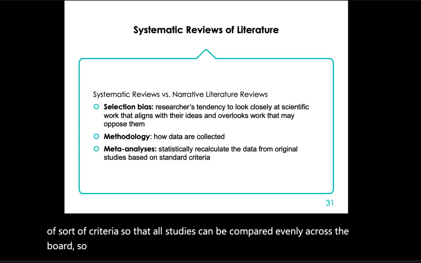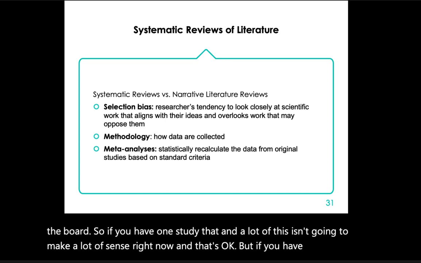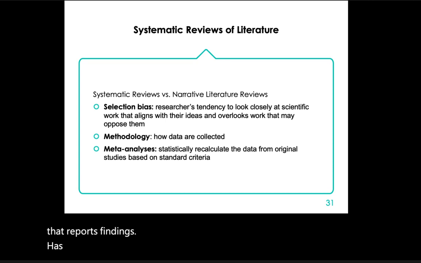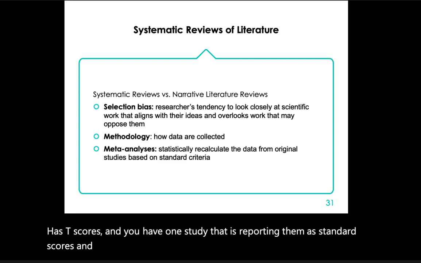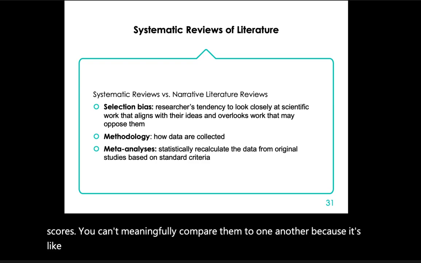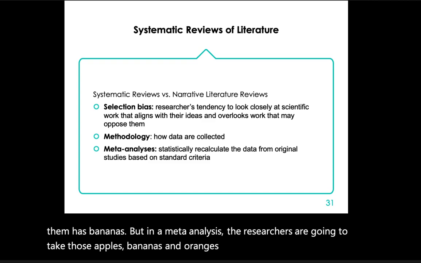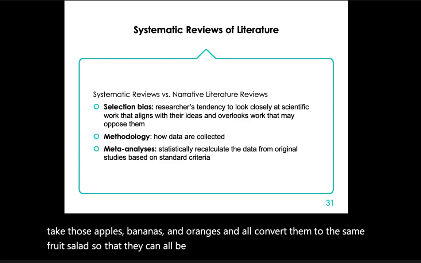A lot of this isn't going to make a lot of sense right now, and that's okay, but if you have one study that reports findings as T-scores, and one study that is reporting them as standard scores, and another study that is saying that these are ANOVA scores, you can't meaningfully compare them to one another because it's like saying one of them has apples, one of them has oranges, and one of them has bananas. But in a meta-analysis, the researchers are going to take those apples, bananas, and oranges and all convert them to the same fruit salad so that they can all be compared to one another meaningfully.